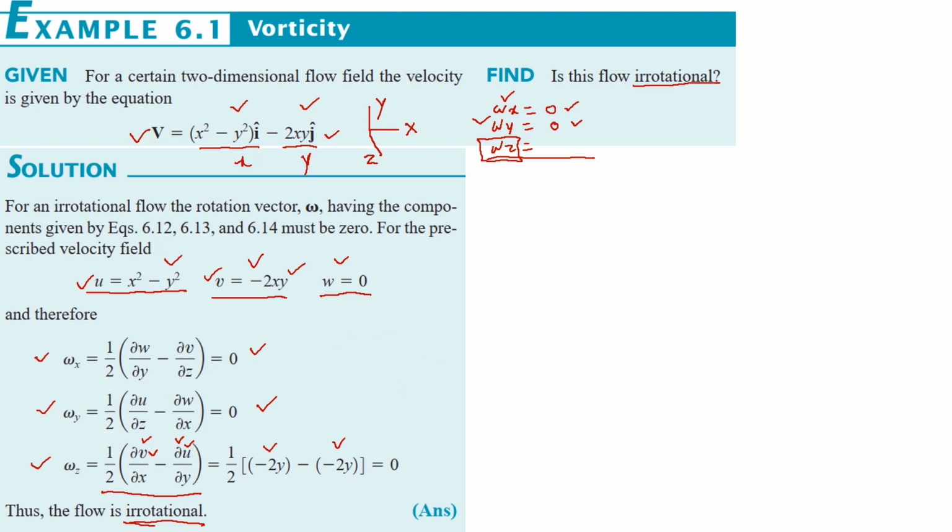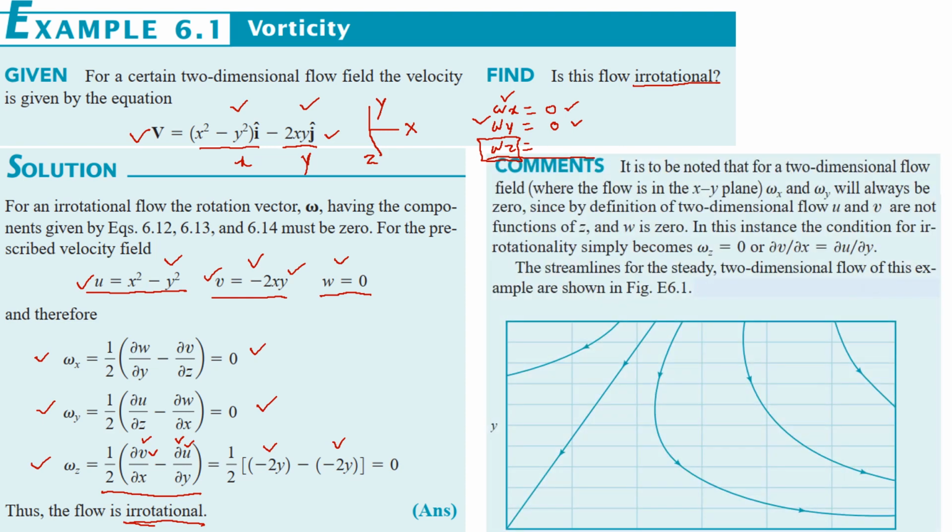To read out the comments in this example, this is a two-dimensional flow, and it is to be noted that for a two-dimensional flow field, where the flow is in the xy plane, as I already discussed initially.